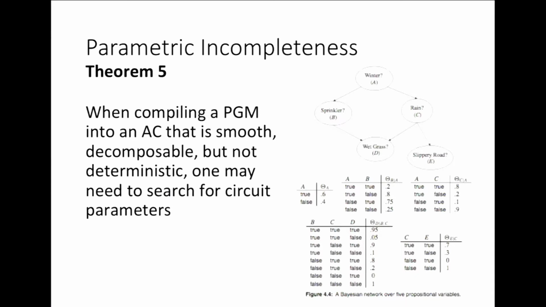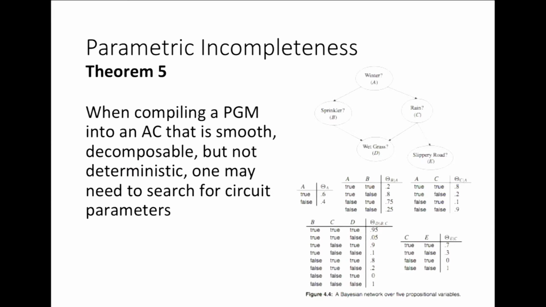Implicit in that construction method is that you can always find an arithmetic circuit for this distribution or factor where the parameters of that circuit come from these tables. Interestingly enough, that stops being the case if you don't have determinism.